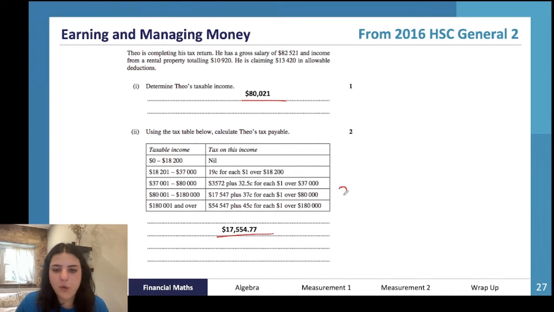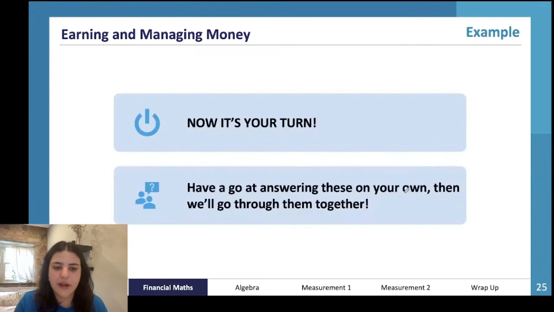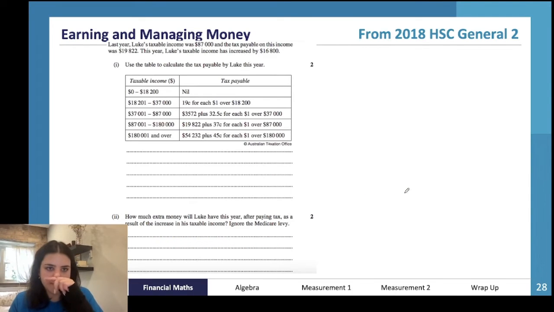And again, it was $21 that we had over the threshold, which if we do times 37 cents gives us $7.77, which is added on to 17,547.